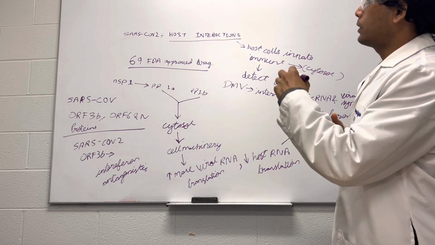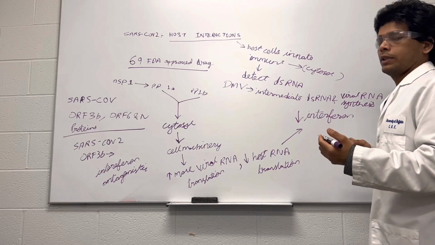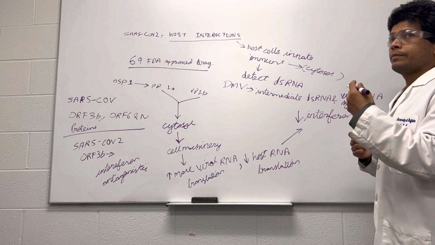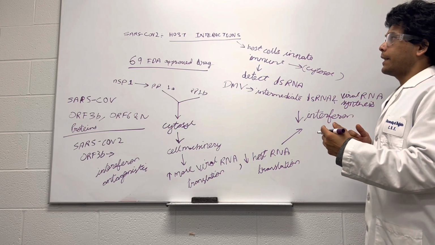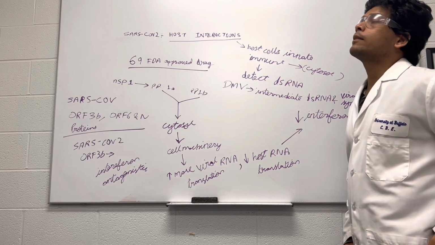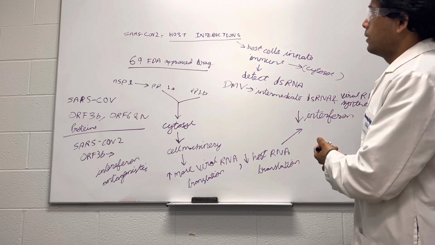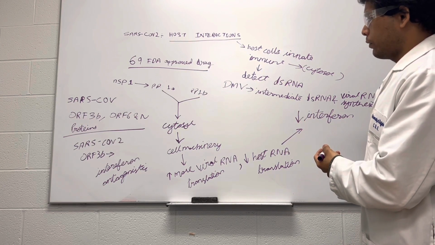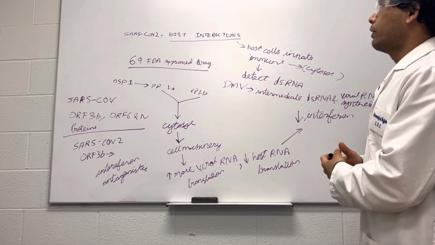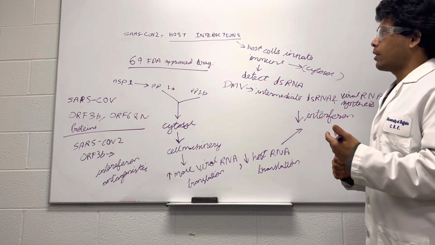And this is how, in some of the ways, SARS-CoV-2 avoids the innate immune response, and helps to replicate and express within the host cell. That's all for this video.